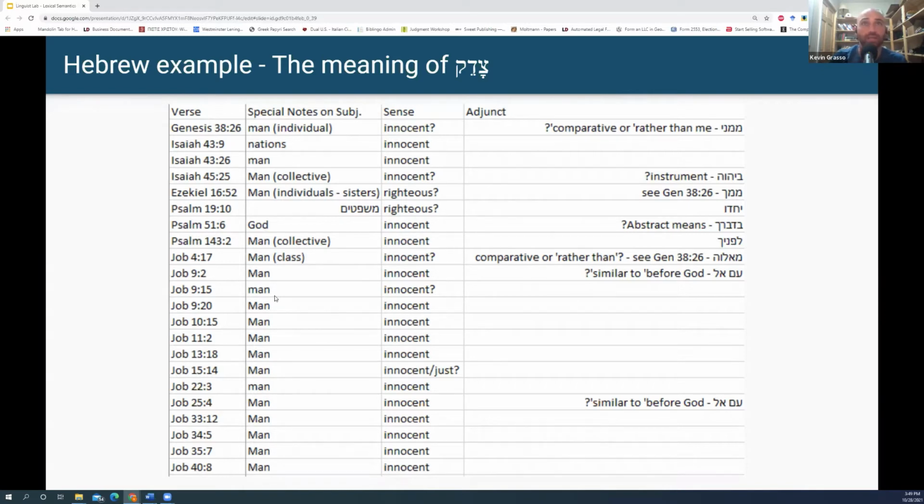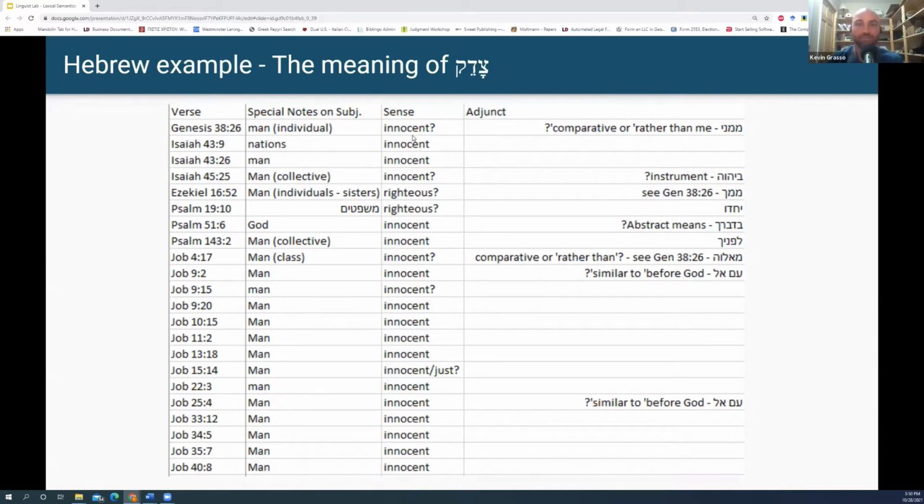So I have the sense here, and if you look, I have these two examples that are tricky. I think in every single case, it means innocent. And by innocent, what I mean is that the verb means that in a particular instance, that person doesn't have fault, or in a particular instance, that person is righteous.